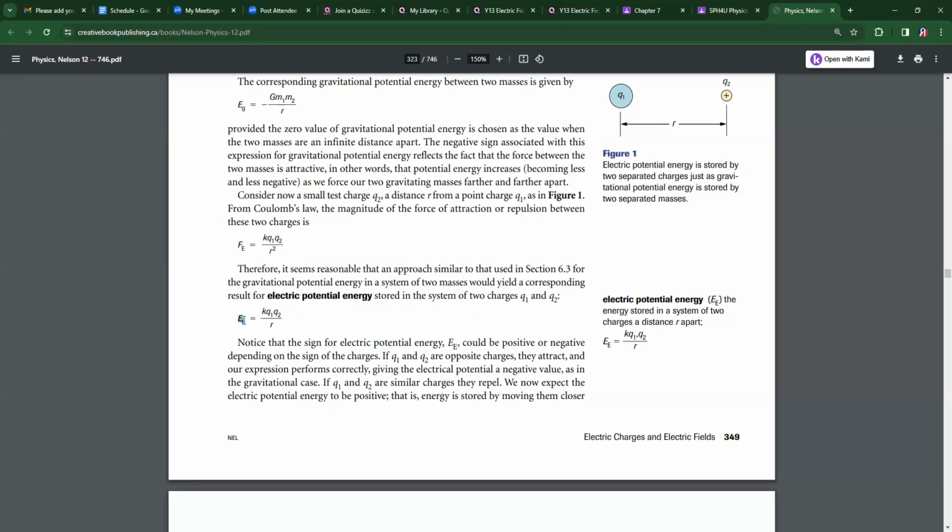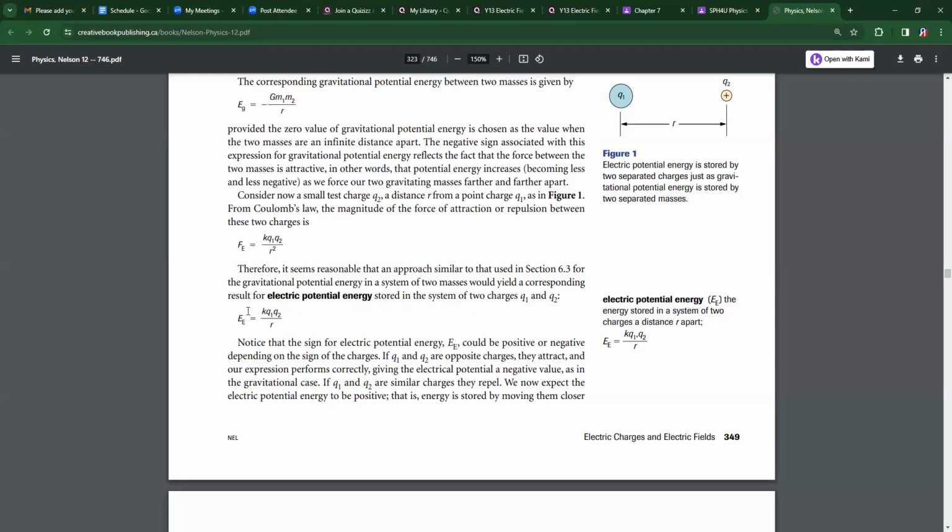So energy is work done, and work is force multiplied by displacement. If you multiply the electrical force from Coulomb's law by the distance r, the r squared will disappear and only r will remain. So force multiplied by distance gives you work done, or energy.